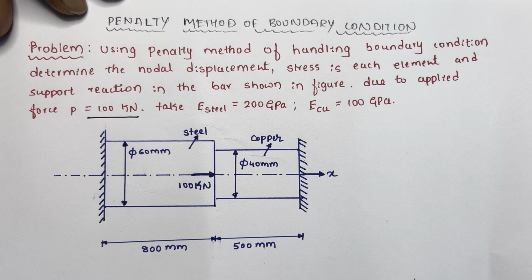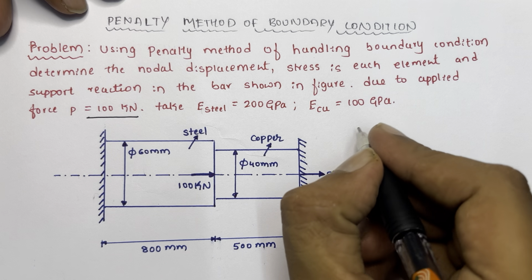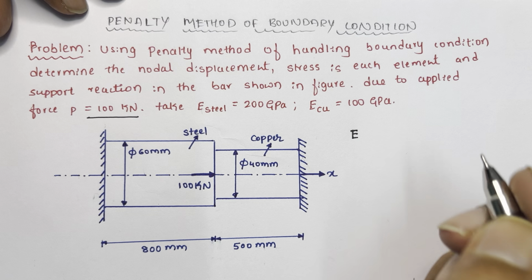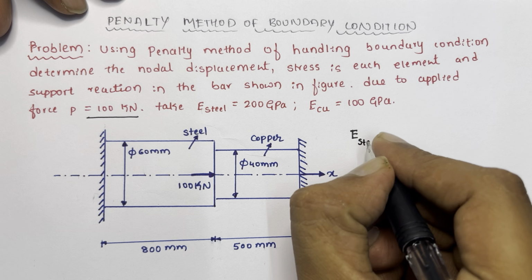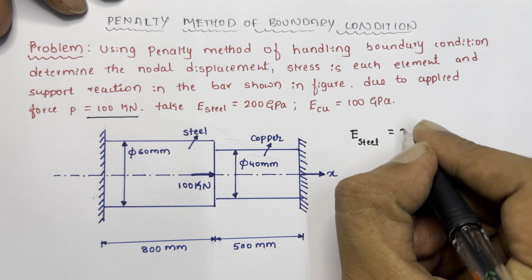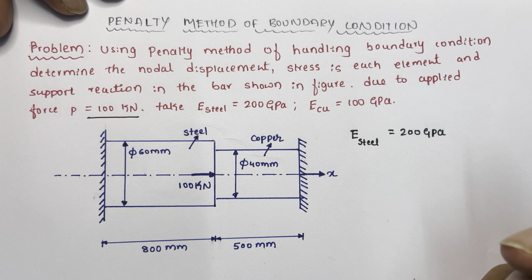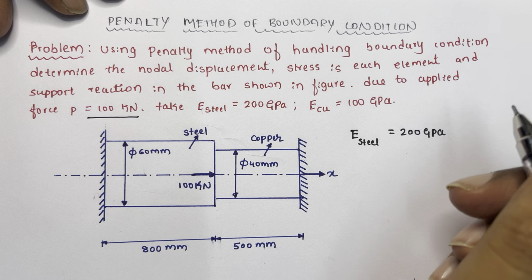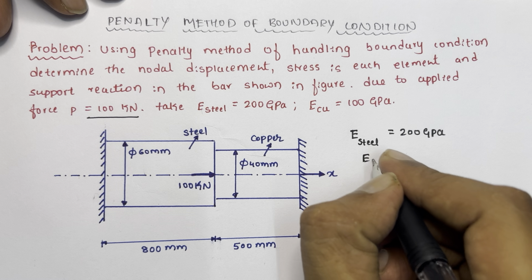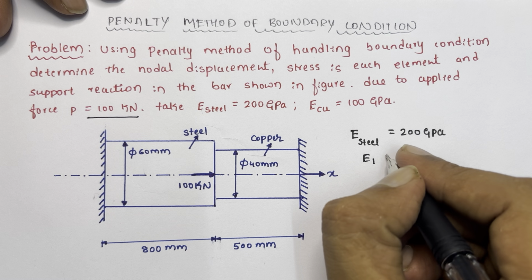So first we'll write the given data, that is Young's modulus for steel. Young's modulus for steel is 200 GPa. We have to convert this into Newton per mm square. So I will write it as E1, that is for element number 1.